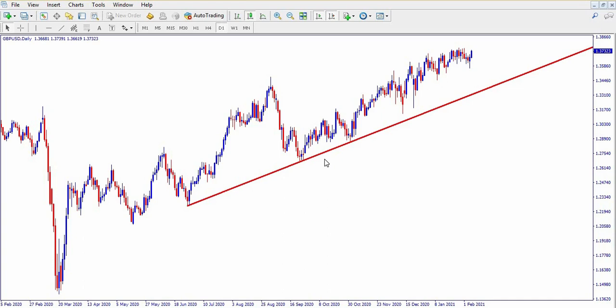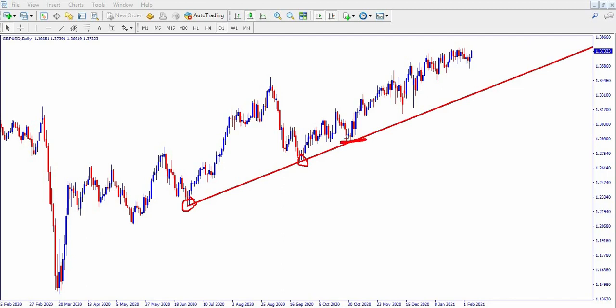After carefully identifying a trend, we can trade that trend. The trend is your friend, so just follow the trend and you make your profits. After you've identified the two points and drawn your trend line, point 1 and point 2, the third time price comes to that point, you can see price got to this point the third time.